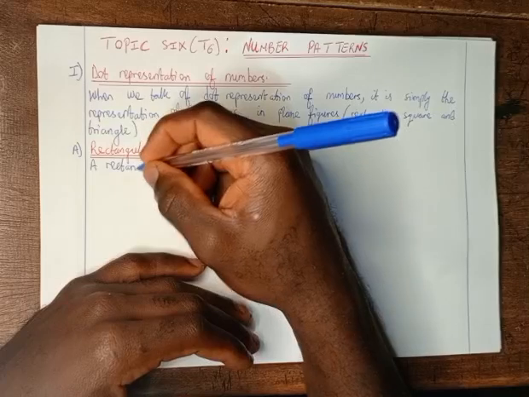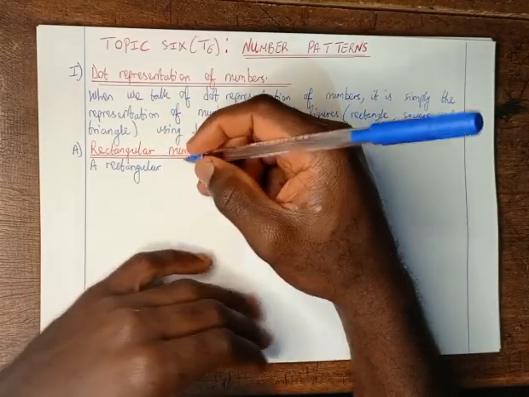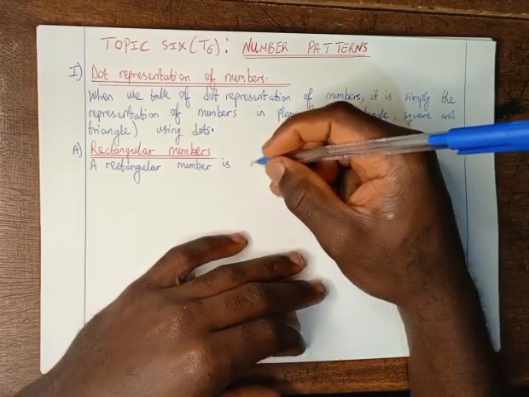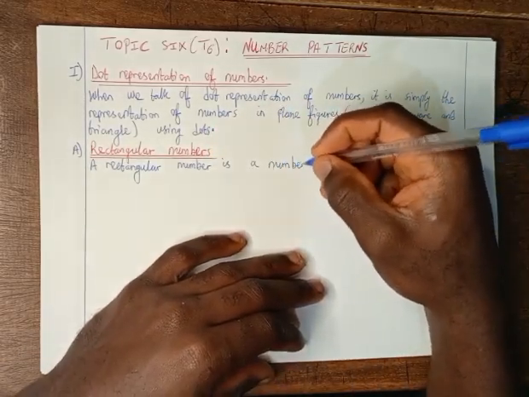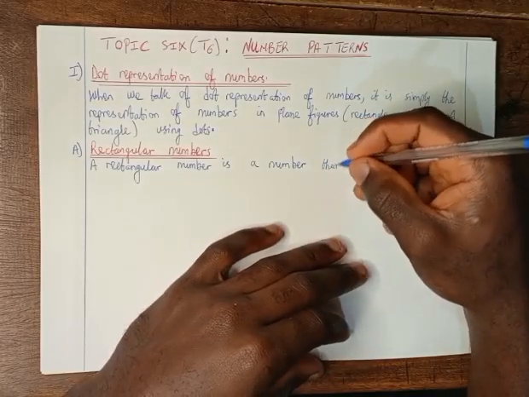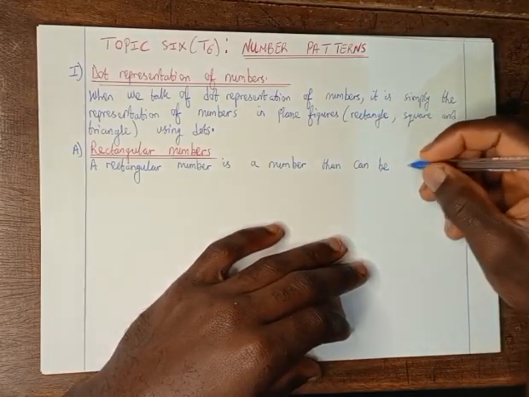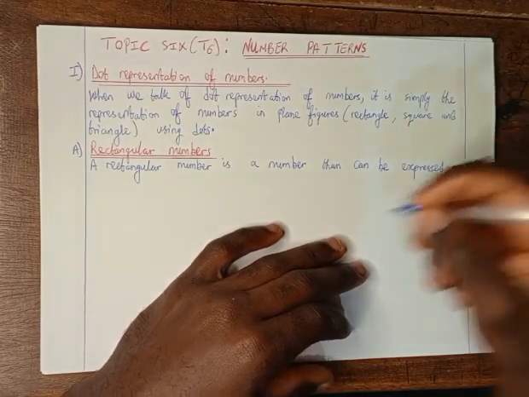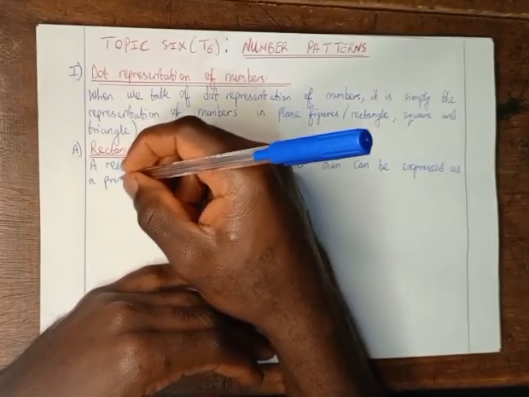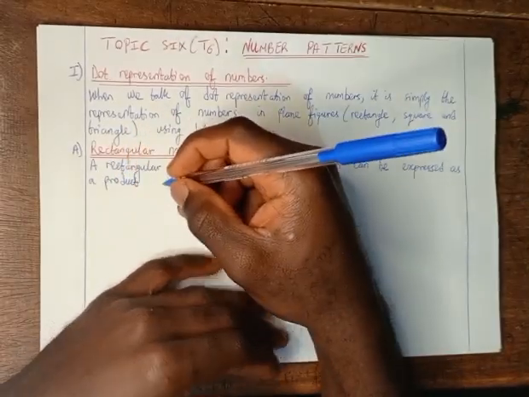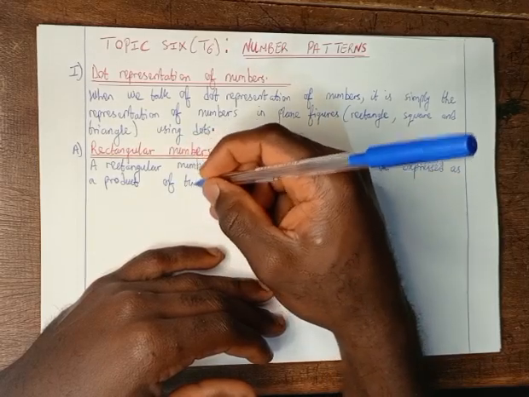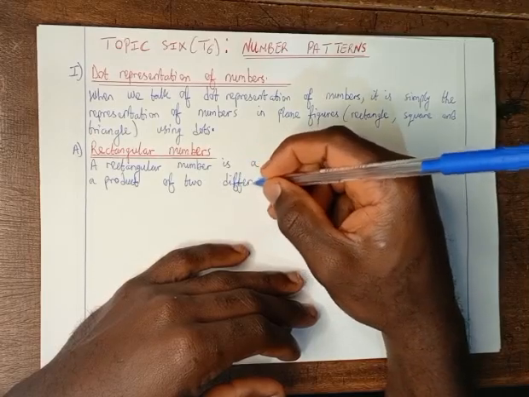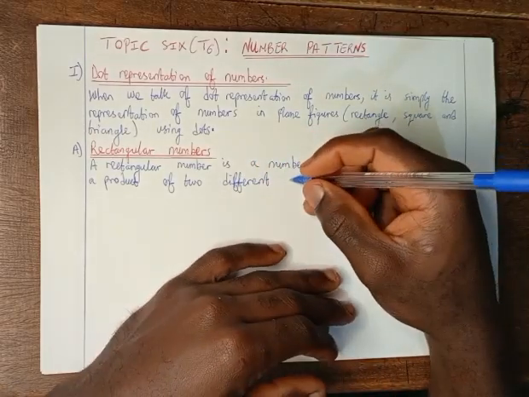A rectangular number is a number that can be expressed as a product of two different numbers.